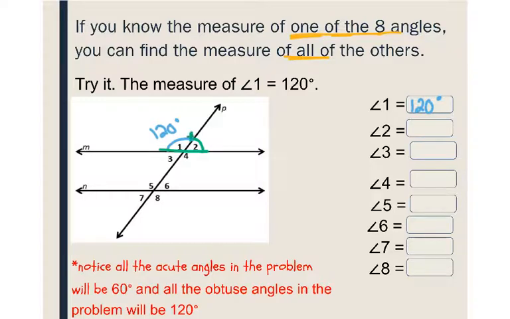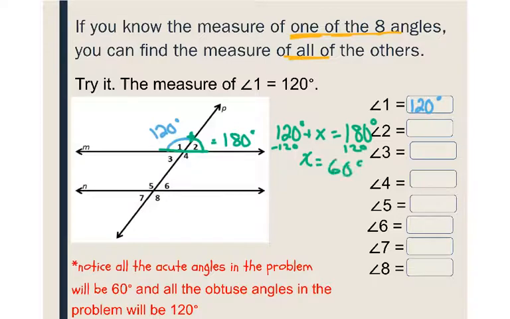Straight lines have to equal 180 degrees. They're supplementary. So 120 degrees plus something, which is my measure of angle 2, has to equal 180 degrees. So to find x, you subtract 120 degrees from both sides, and you get x is 60 degrees. So the measure of angle 2 is 60 degrees.